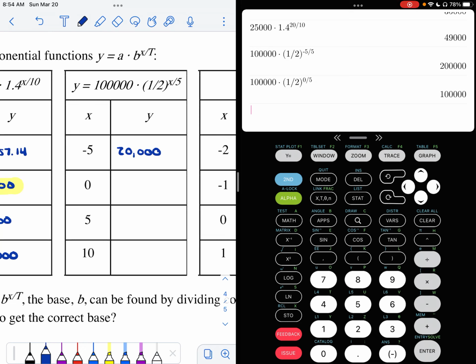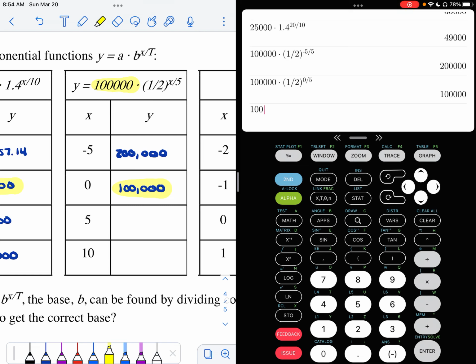I think I wrote down that last one wrong. That was 200,000 on negative 5, not 20,000. I counted my zeros wrong. And this one is 100,000. There we go. So again, you'll notice when x equals 0, we get that guy again.